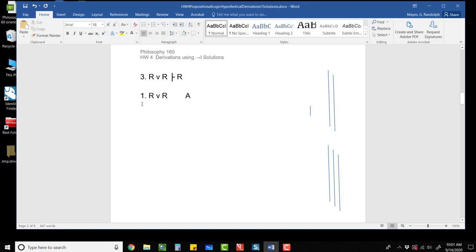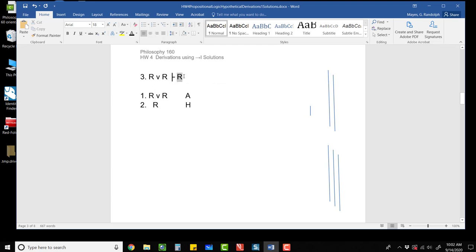So what are we going to do here? What we're going to do is hypothesize the first disjunct, which is R. Now, having hypothesized the first disjunct, which is R, what are we trying to do?